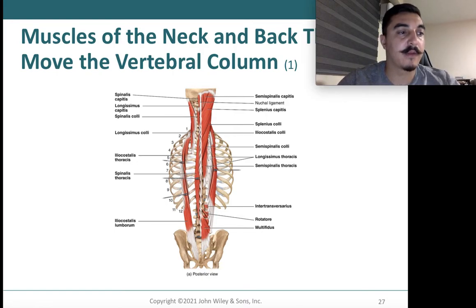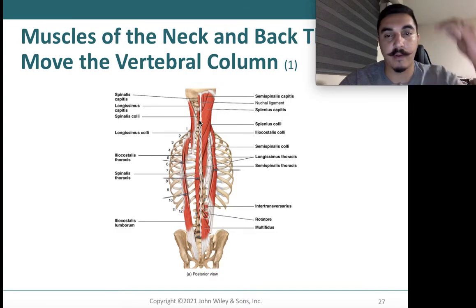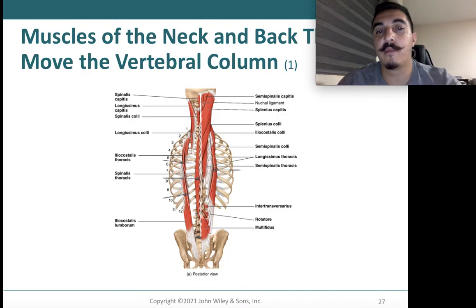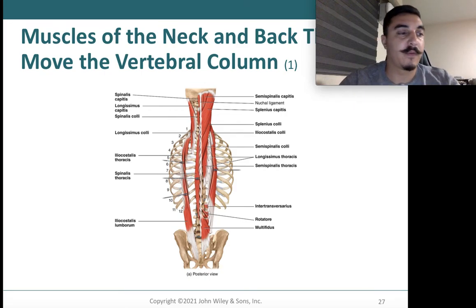Iliocostalis thoracis attaches to ribs 1 through 6, the top ones, as my cursor shows. Iliocostalis lumborum attaches to the bottom ribs. Iliocostalis cervicis is more at C4 or C6, on the top of the vertebrae. They go in order: cervicis, thoracis, and lumborum, so C, T, and L. I remember cervical, thoracic, lumbar. Those are our three.